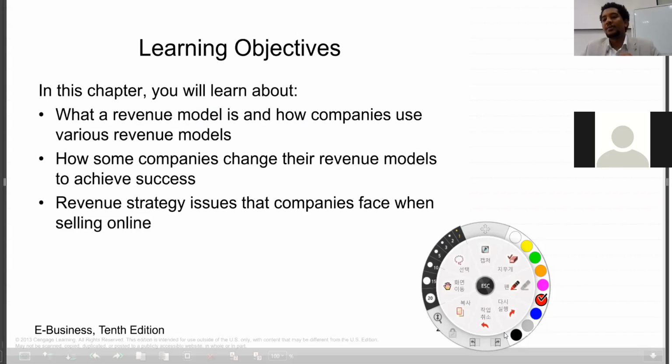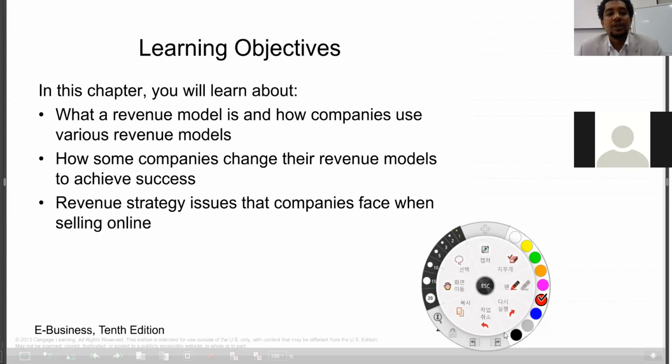There are very different types of business models. There is a revenue model, and then there is a business process model. It is now advisable that businesses should focus more on process models than revenue models.